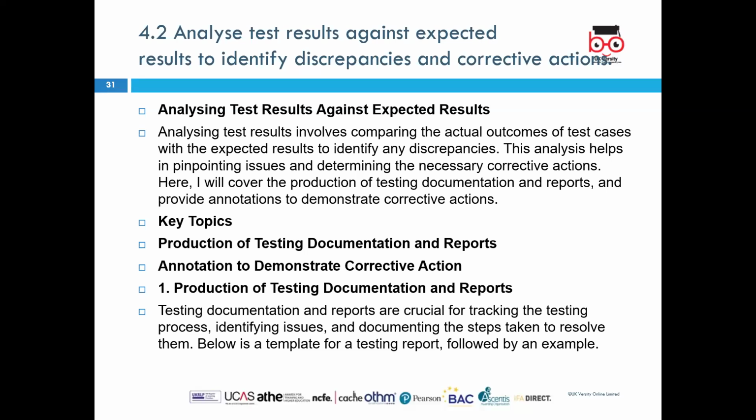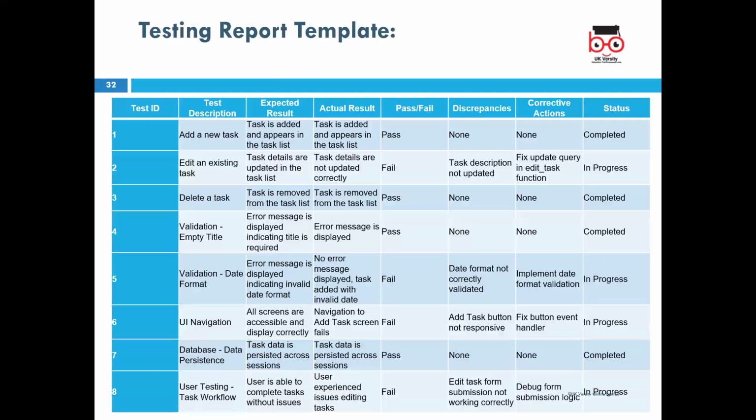Production of testing documentation and reports is basically going to allow us to track and test our application. It allows us to identify the issues and document them step by step. This is how our testing report template looks.